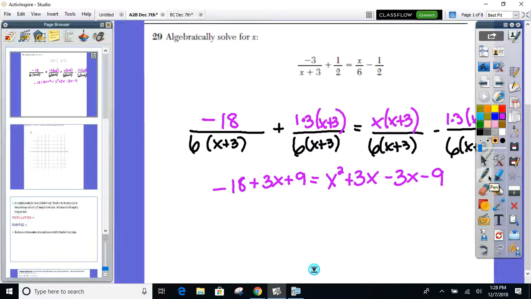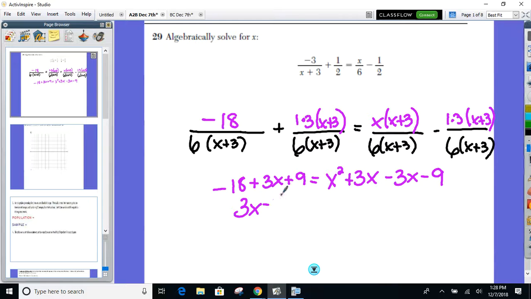All right. And then, you know how you started to say it? Combine everything. Yep, combine everything. Clean it up, basically. Clean this sucker up. 3x minus 9, and over here x squared minus 9.